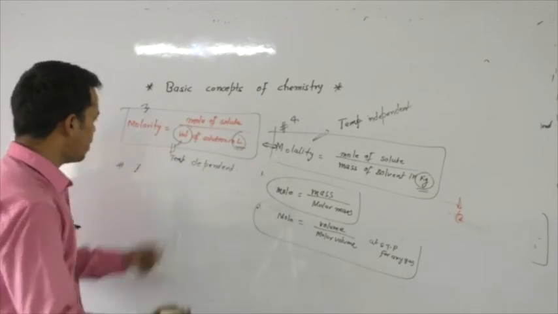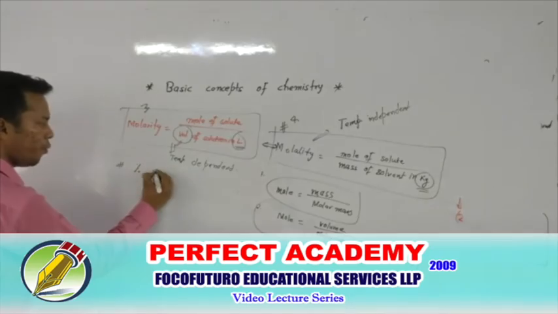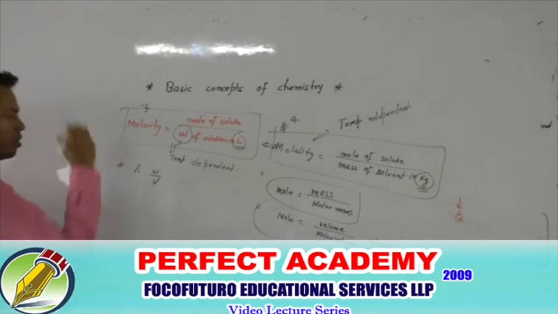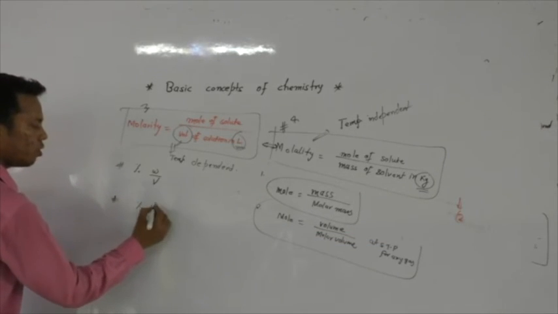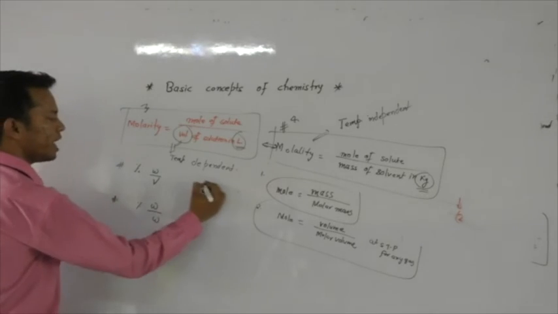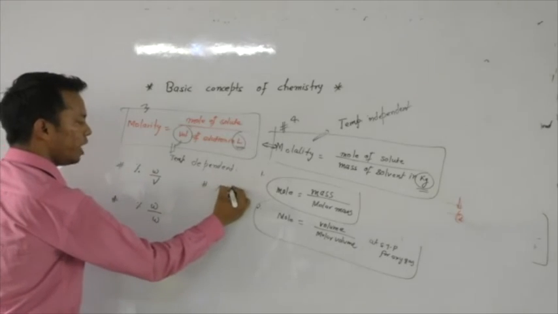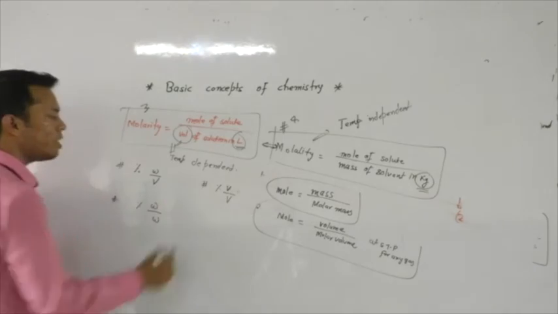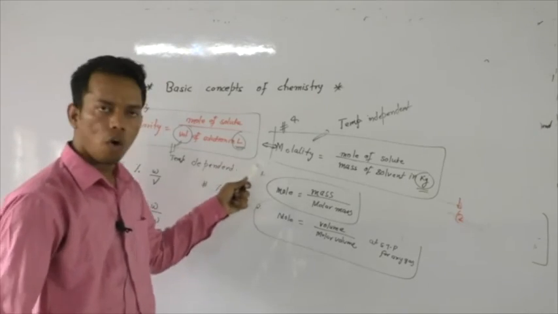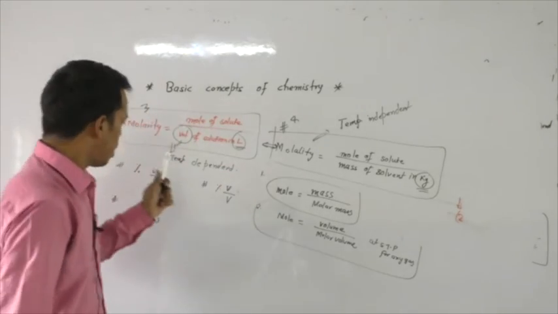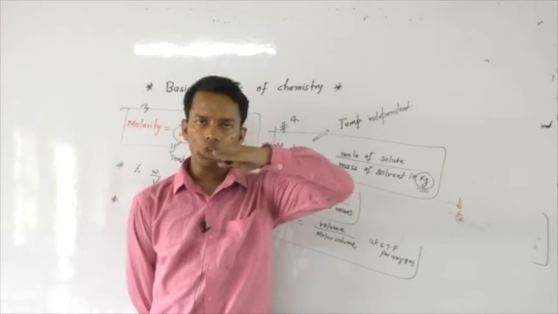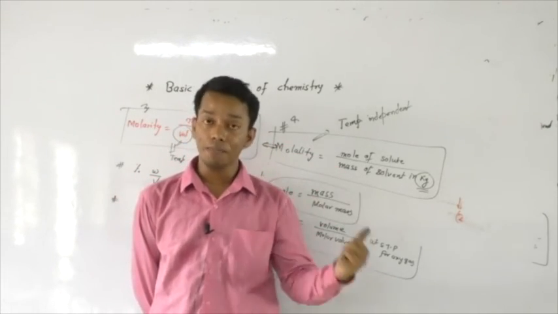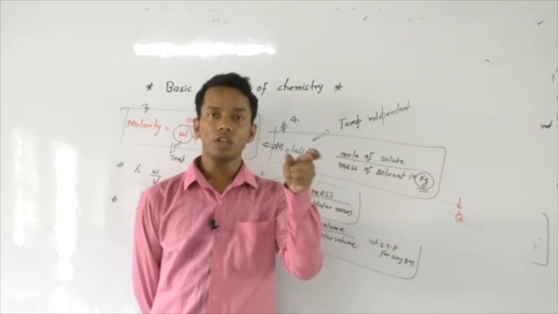Now, percentage weight by volume, what is the meaning of this? Then percentage weight by weight and percentage volume by volume we'll also discuss. All these things are very simple. I told you in the numerator always solute will come, in the denominator always solution will come, except the molality case where solvent will come.